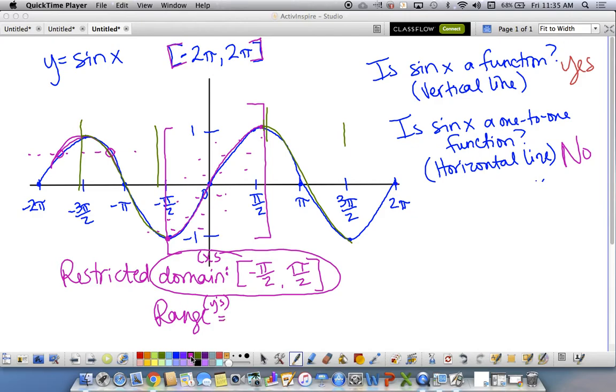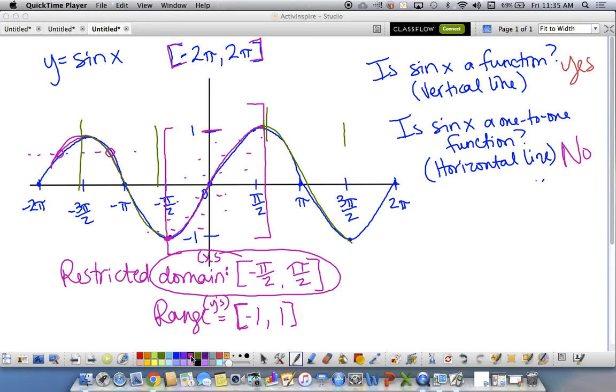So what is the range of this function when I've restricted the domain? How low do we go? And how high do we go? That's right. Remember this bracket means it will include negative 1 to a positive 1. It will include both of those numbers. Okay? So now if we restrict our domain, we have a one-to-one function.